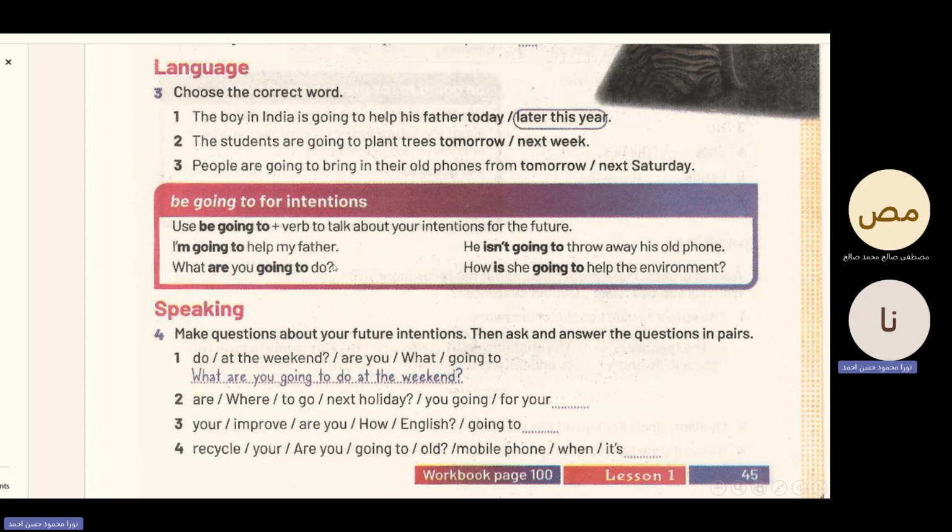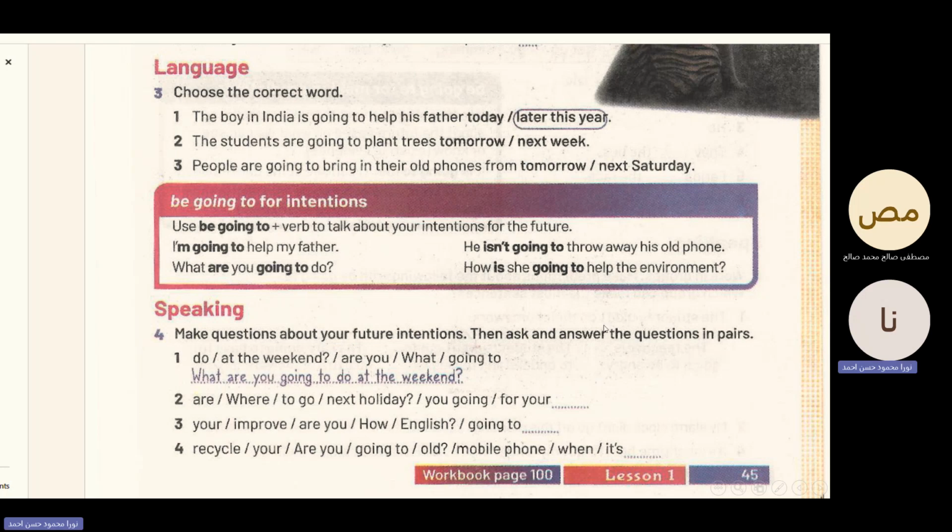What are you going to do? What are you going to do? Look at the form of the question here. So we have a question word and we have are and the subject plus going to plus a verb in the infinitive form. So the answer to this one might be I'm going to travel, to watch TV, to go to the cinema, anything.